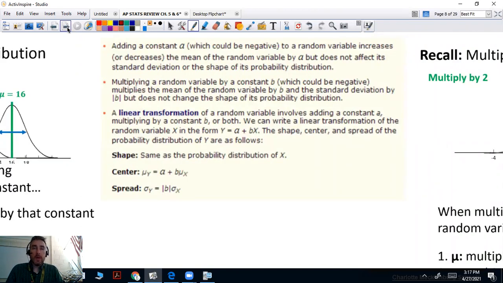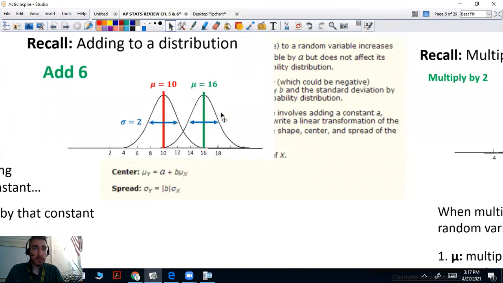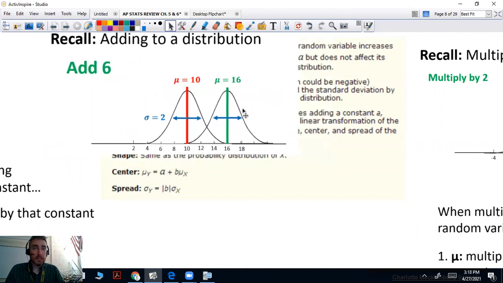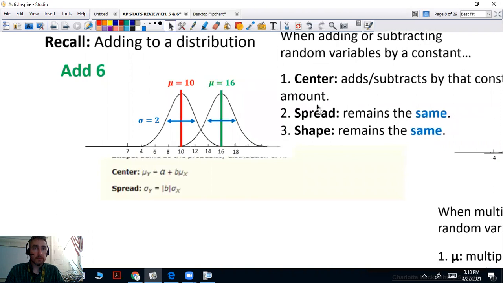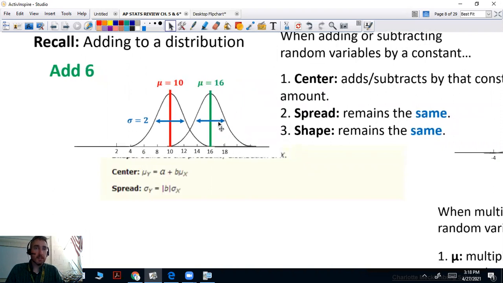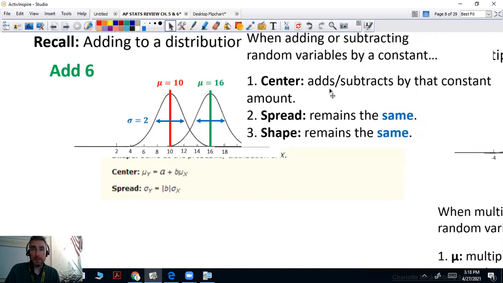When we're talking about making probability distributions being shifted, I want you to recall a couple things from a previous lesson. When you're adding or subtracting, this is a linear transformation. It does not affect the spread. So in this case, adding 6, we'll keep that standard deviation at 2. The center is going to be shifted left or right if it's being added or subtracted.